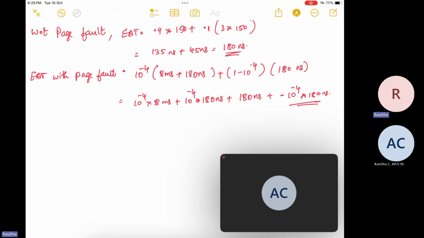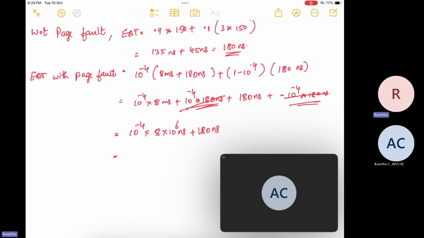So this factor and this factor cancel out, and 10 power minus 4 into 8 millisecond is nothing but 8 into 10 power 6 nanosecond... wait, 8 into 10 power 2 nanosecond, plus 180 nanosecond.